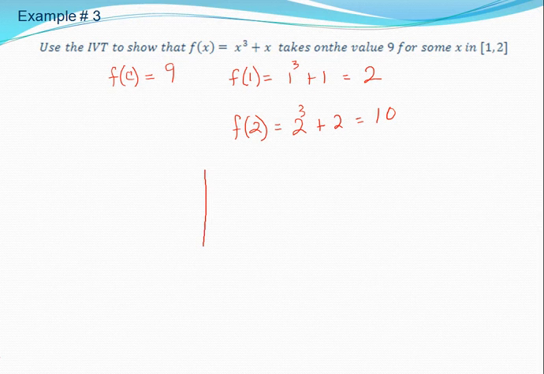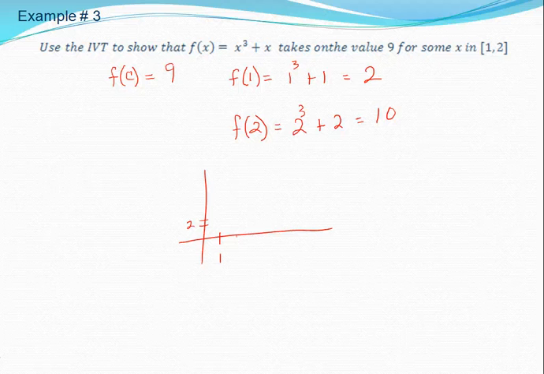If I have a function where f of 1 is 2 and f of 2 is 10, and my function is continuous, which I know it is because it's a polynomial, then I'm guaranteed that somewhere in between, there's an x value we call c that's going to give me my f of c equals 9.